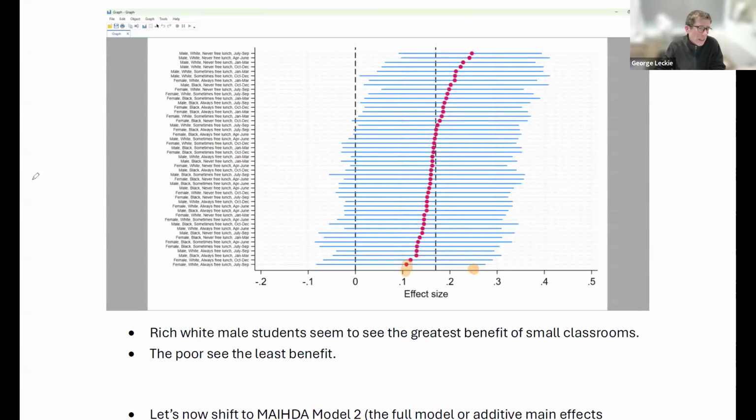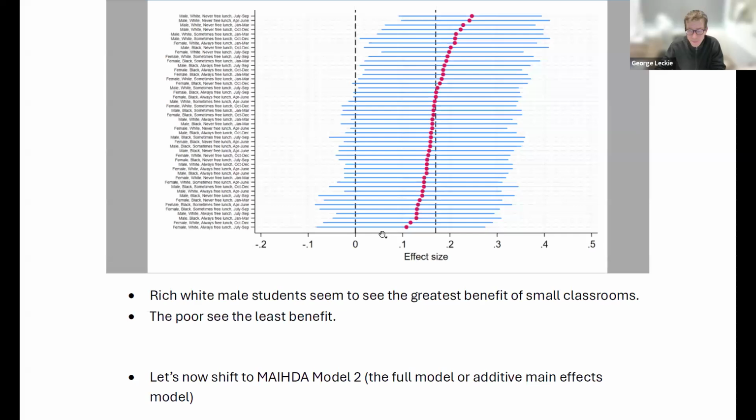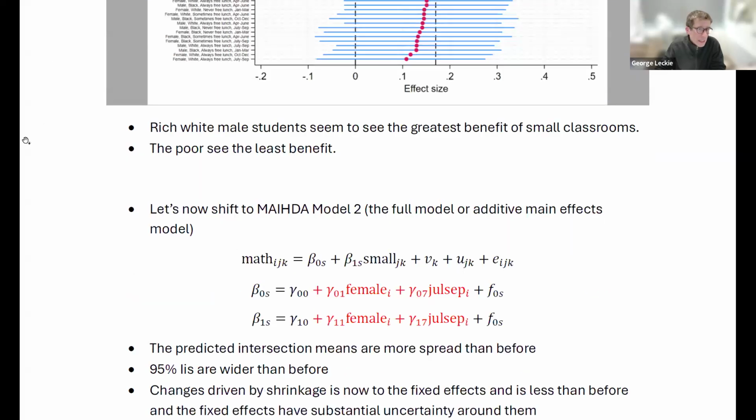So the wider range is because I got those additive effects sitting in the specification for the intersectional stratum specific treatment effect. I'm adding in this structure which does most of the work, and the shrinkage in the means which I'm plotting is towards that additive structure.